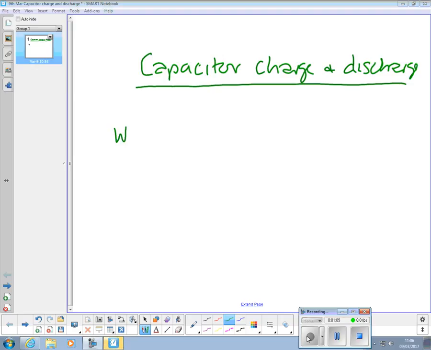What we're going to be talking about this morning is voltage and current at an instant in time. We're going to be talking about instantaneous values.